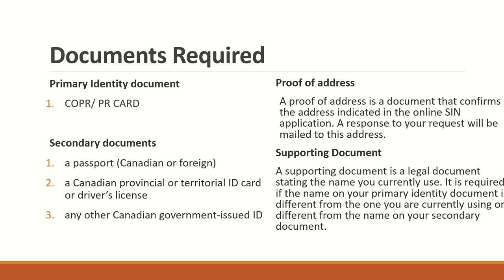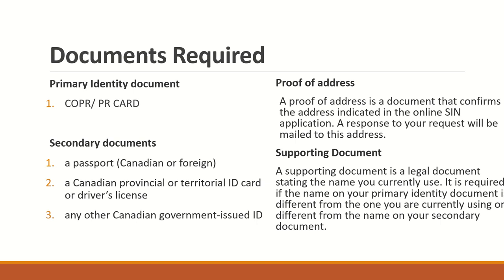And proof of address is a document that confirms the address indicated in the online SIN application, and the response to your request will be mailed to this address. Okay, so you'll get a mail to that particular address, so you have to give an ID which has your current address in it.